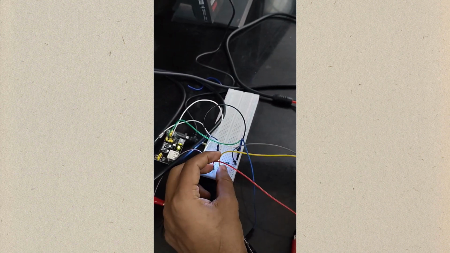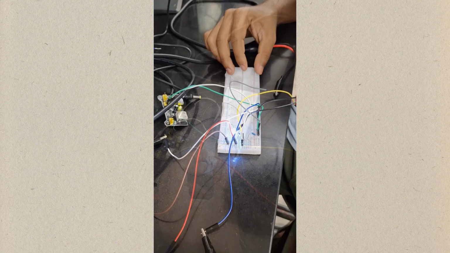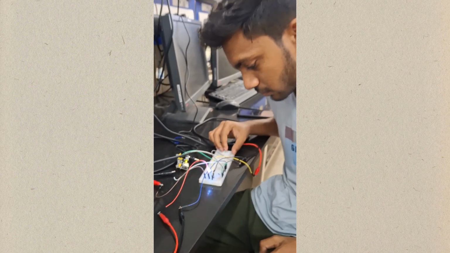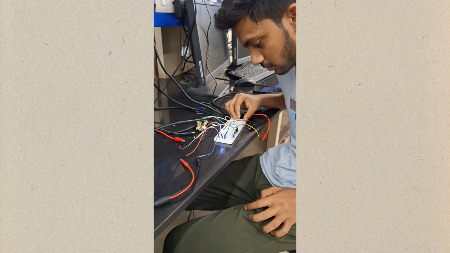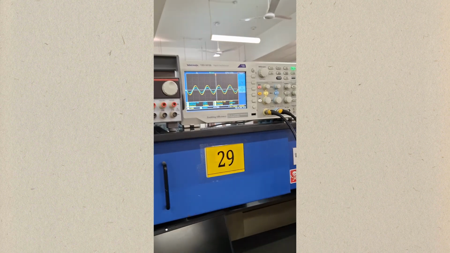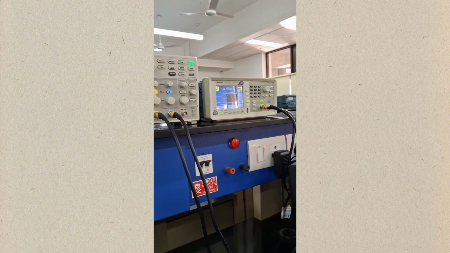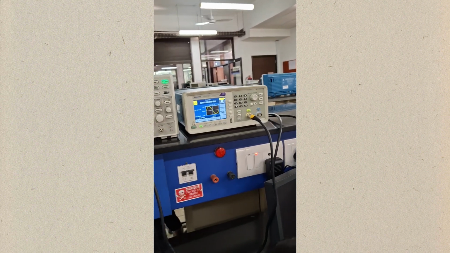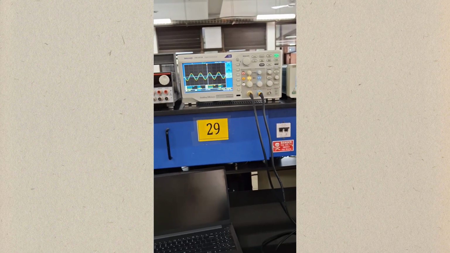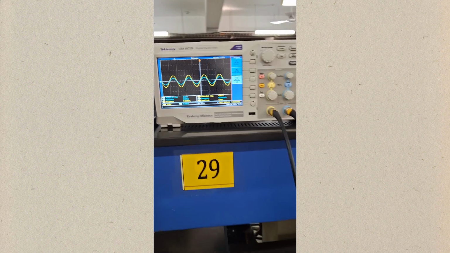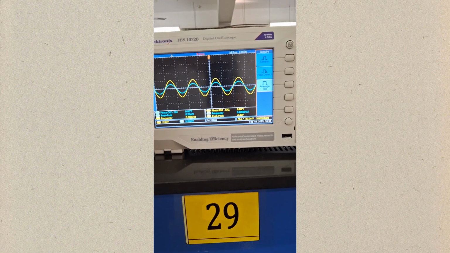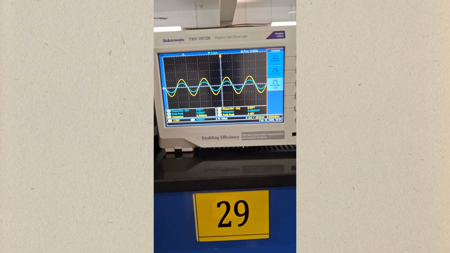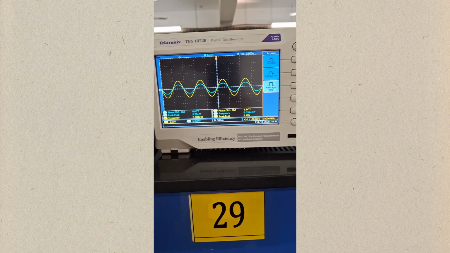And that's how our circuit is complete. As you can see, we have given input from the signal generator, and we can see the input and output waveform in the oscilloscope. The blue one is the output signal and the yellow one is the input signal.